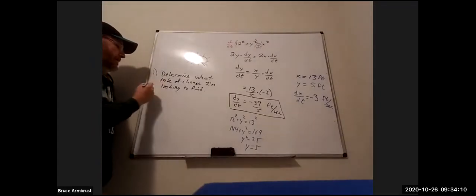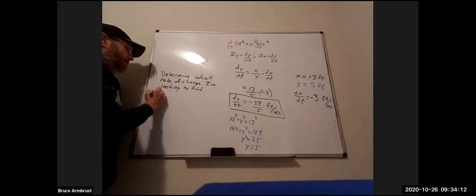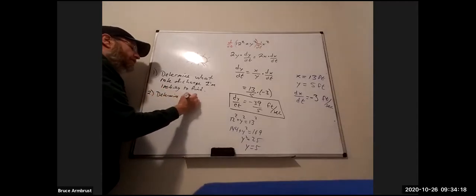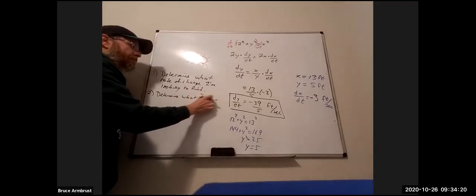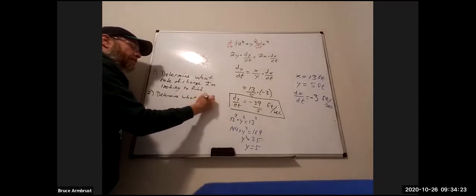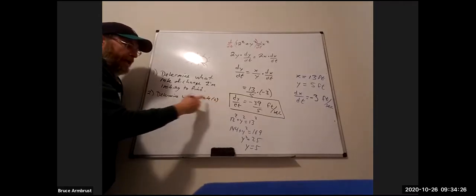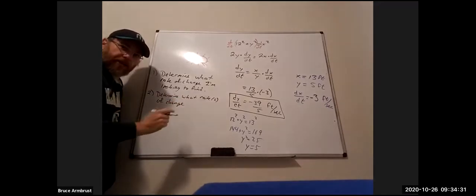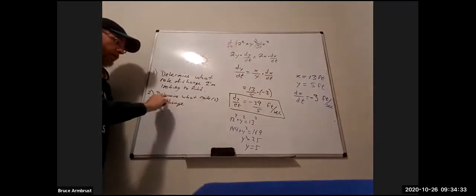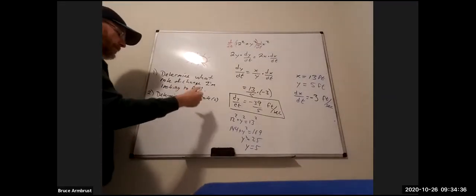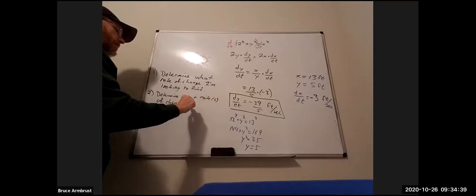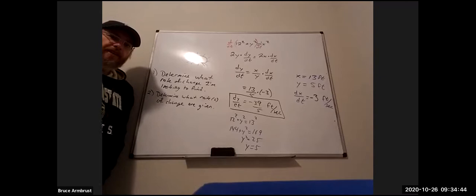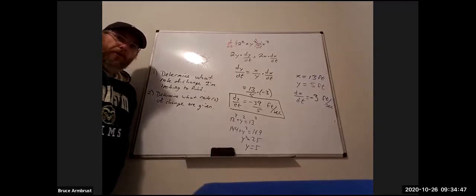Okay. The next thing I do is I determine what rate of change I'm given. And I'm going to put an s on there because sometimes it's more than one rate of change. It might be two things that you're told, or three or four, but always determine what rate or rates of change are given. So in this case, it was the rate of change in the length of the rope.